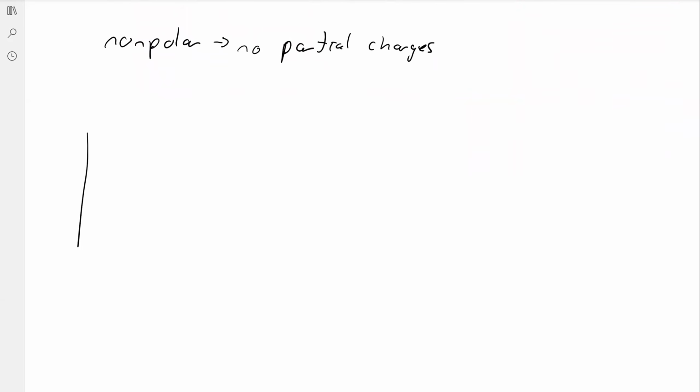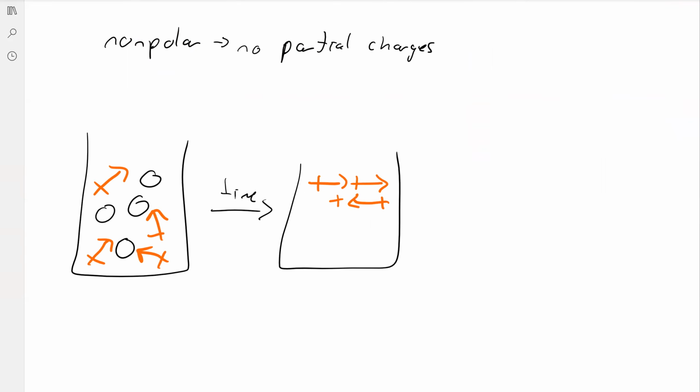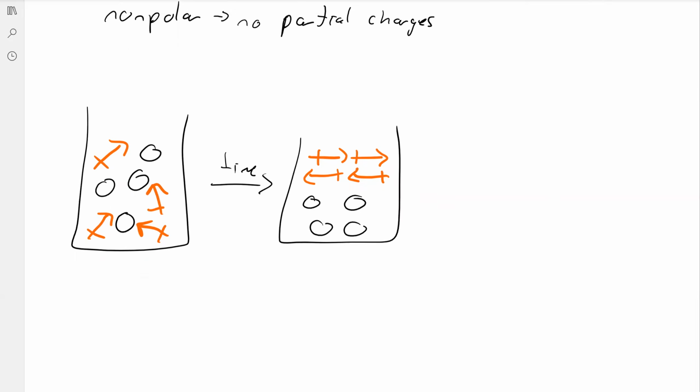And so, for example, if we had a container, and in this container we had some polar compounds, and we just mixed them up, and then we had some nonpolar compounds, over time, we would expect that the polar compounds would want to interact with one another, right, to maximize that positive-negative attraction. So it looks something like this, and then that would exclude the nonpolar compounds. And that's why oil and water don't mix. One is polar, one is nonpolar.